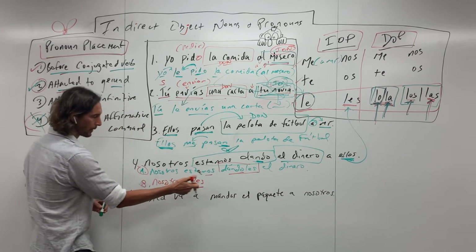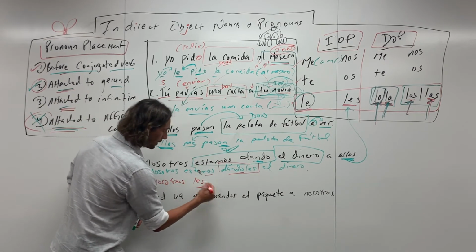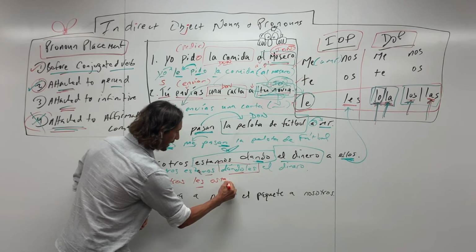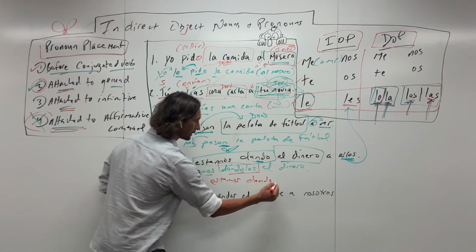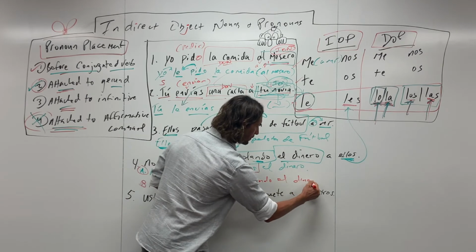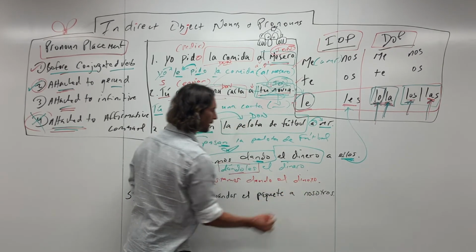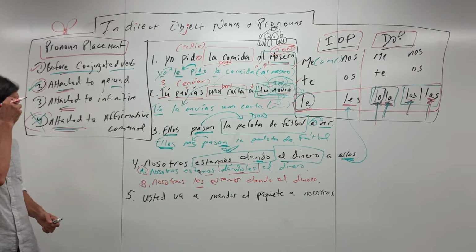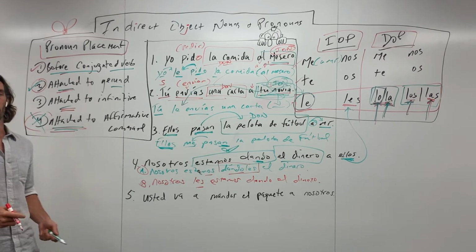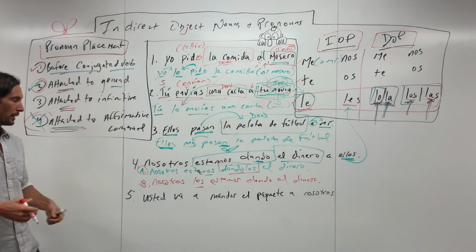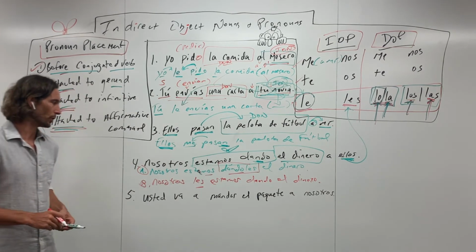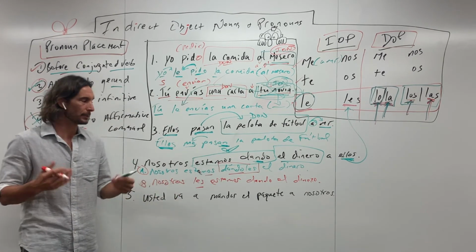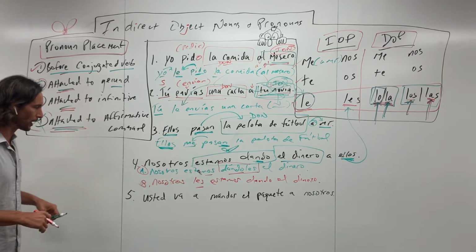So subject pronoun, or an indirect object pronoun, estamos dando el dinero. Either one is fine, right? That's your choice. But you have two options when you have a gerund, right? And so we have nosotros estamos dándoles el dinero, or nosotros les estamos dando el dinero.